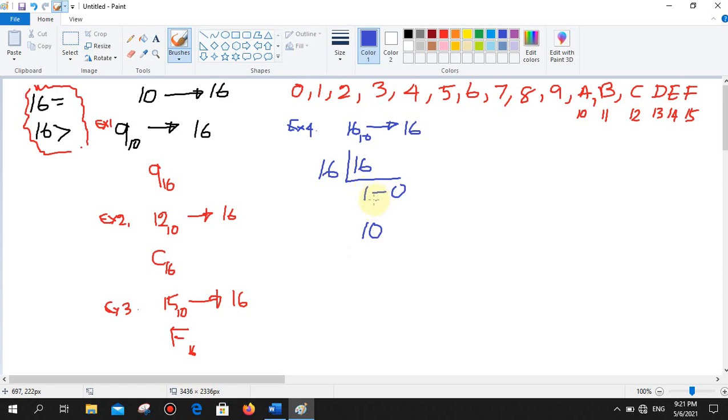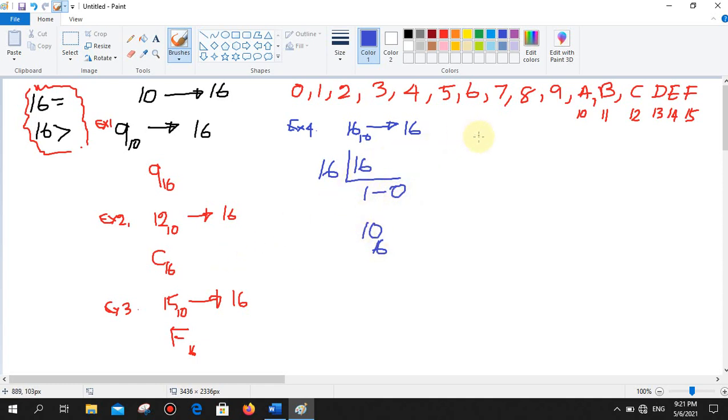You can get a clear idea with the next example about how to write if 10 comes. Now this is not 10, this is a number, and this is the remainder. That is two different places we have here, and whatever the number that you see, write it below, and you need to write here 16. This is the example to try to understand. So if it comes like that, how to write and how to convert into hexadecimal.